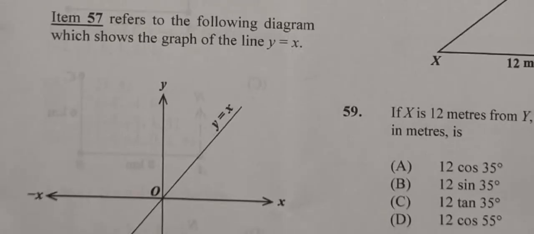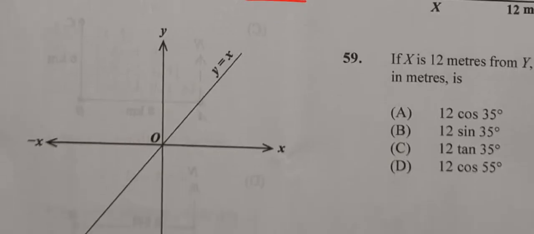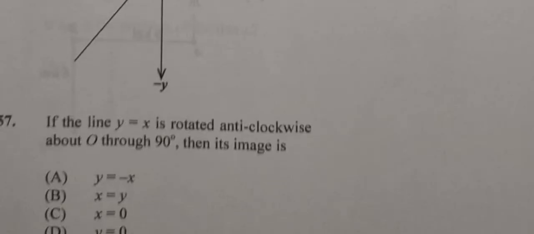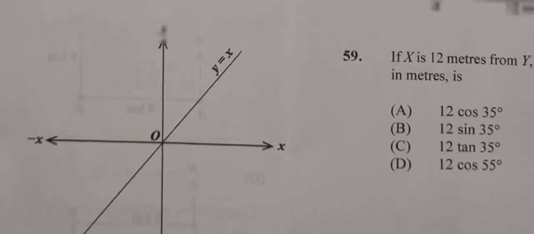So we have the graph showing the line y equals x, and we can clearly see that line. It says if the line y equals x is rotated anticlockwise about the origin through 90 degrees, the image is what? So if we have this, and it rotates 90 degrees about the origin, so 90 degrees to this will be going this way here.